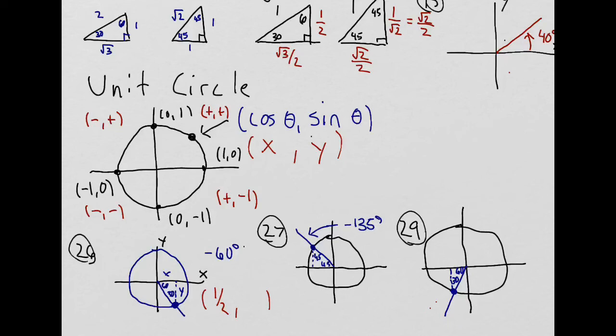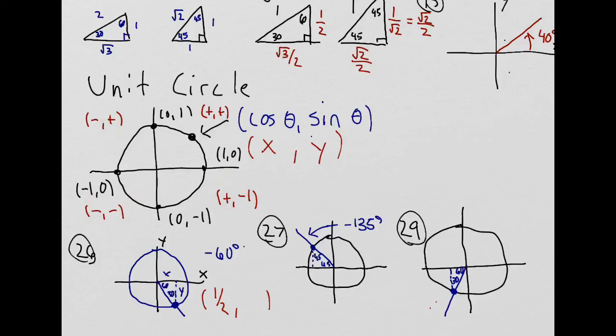But where you have to be a little bit careful is you need to check which quadrant you are in. Because for these x and y values, obviously if you're in the first quadrant, both will be positive. If you're in the second quadrant, the x will be negative, y will be positive. In the third, both are negative.